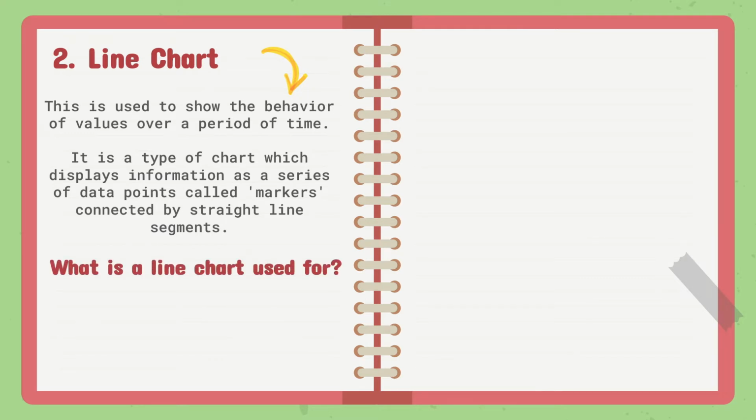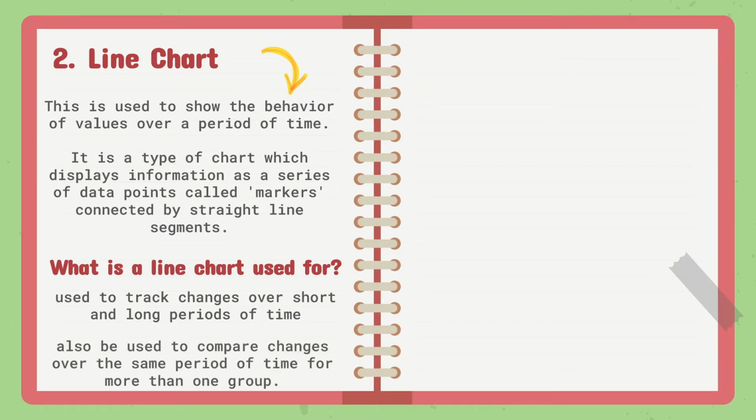What is a line chart used for? A line chart is used to track changes over short and long periods of time. It is also used to compare the changes over the same period of time for more than one group.